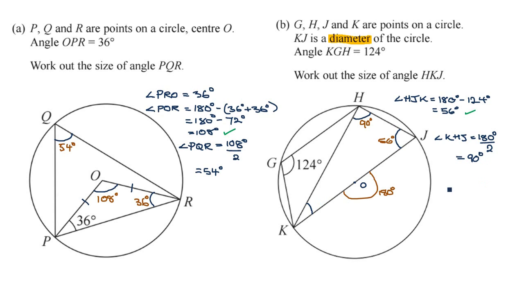Finally then, angle HKJ has got to be 180 minus that 90 plus 56, which gives us 180 minus 146, which is 34.